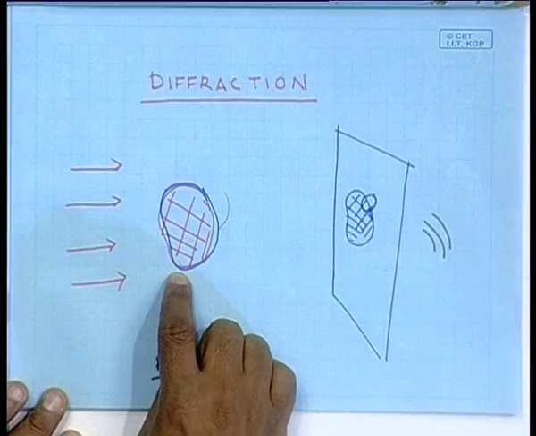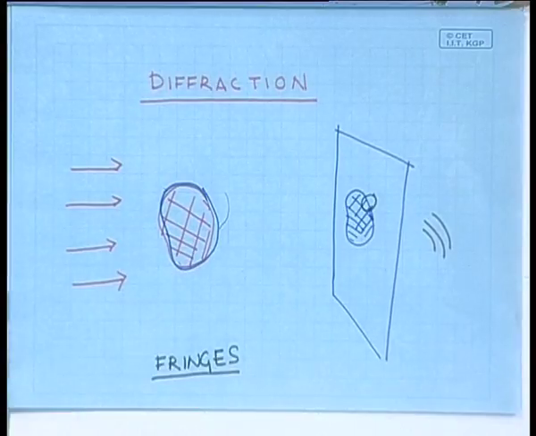So, the plane wave that we have, which is incident on this obstruction, is one such solution of the wave equation. Now, the moment you put an obstruction in the path of the plane wave, the situation becomes considerably more complex.